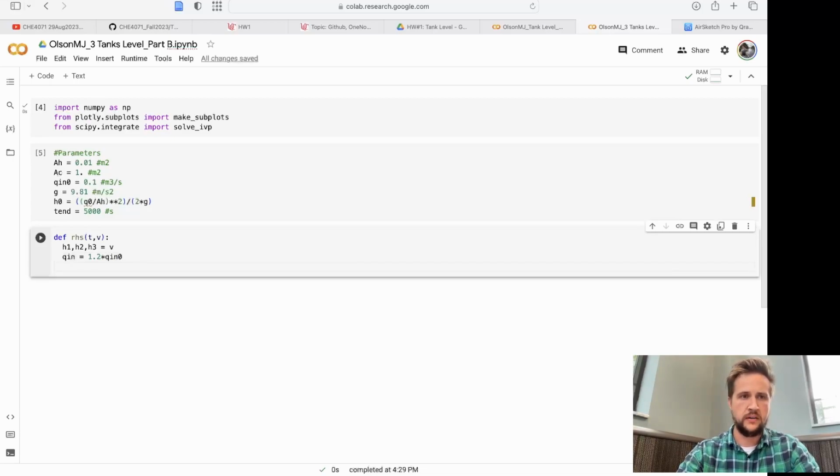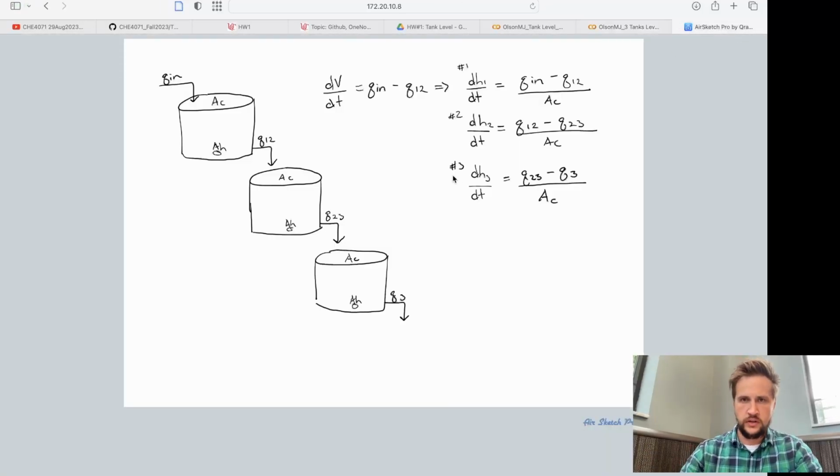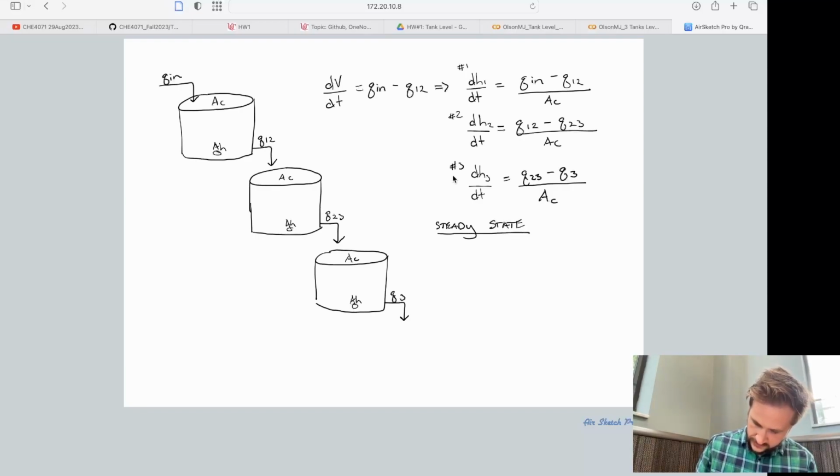So now we need to model how the flow rate is going to be changing. If we go back to looking at the steady state, at steady state we know that Q in equals Q out.